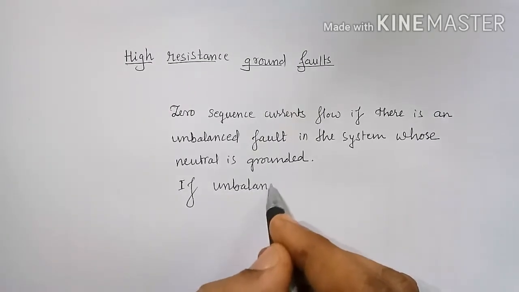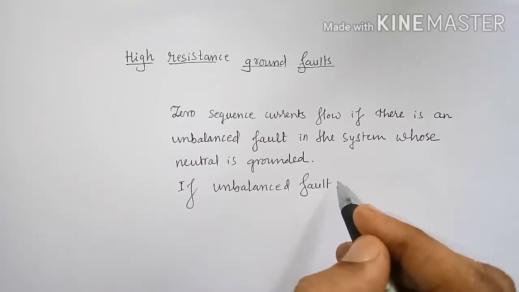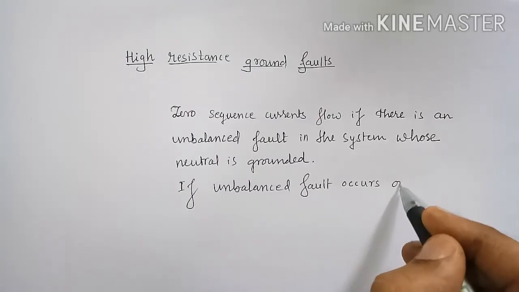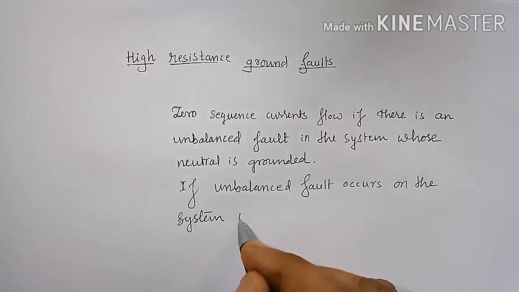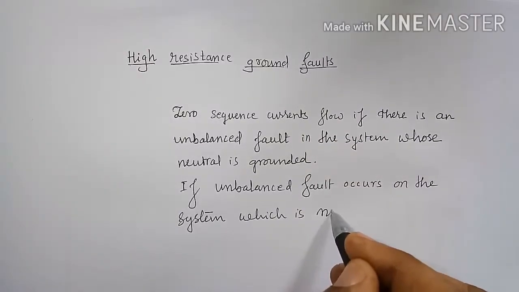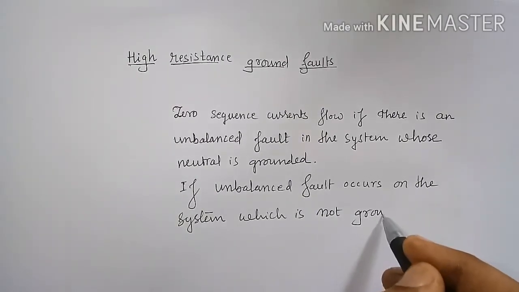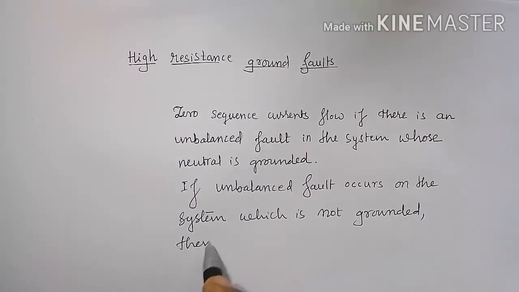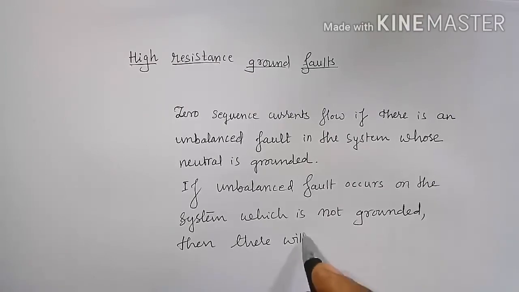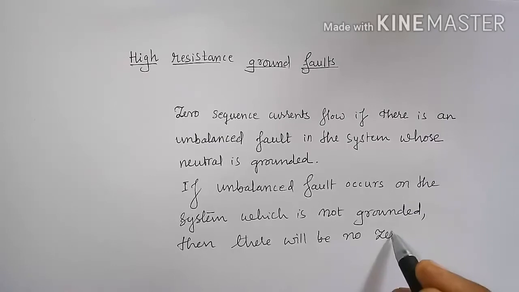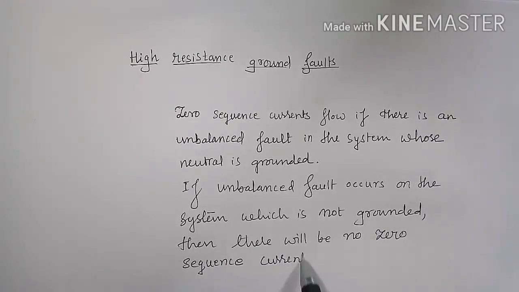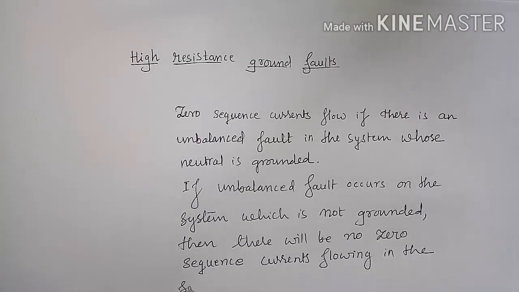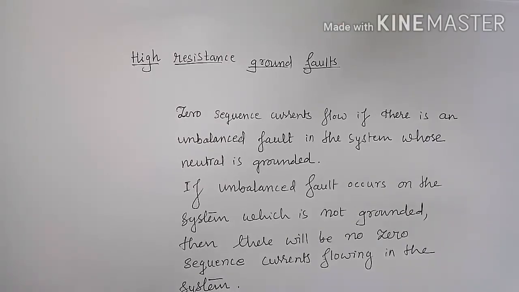If unbalanced fault occurs on the system which is not grounded, then there will be no zero sequence currents flowing in the system.